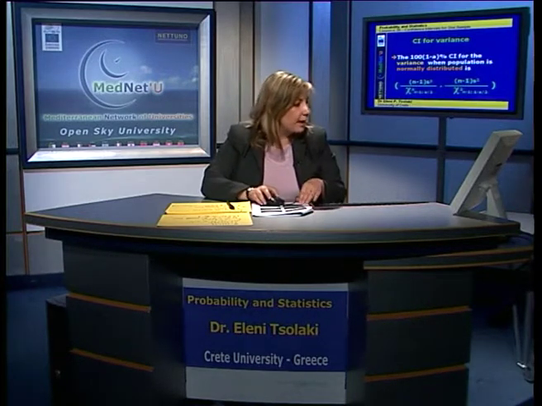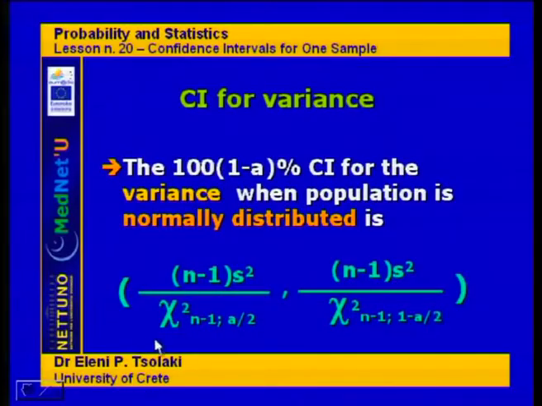That's why from one side we are looking at the area a over 2, and for the other side 1 minus a over 2.